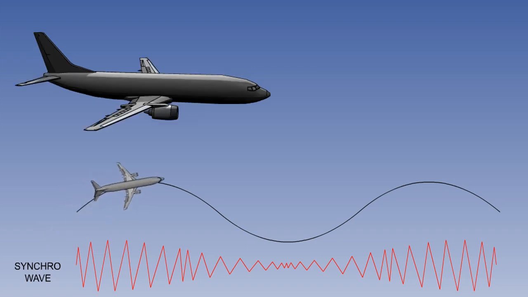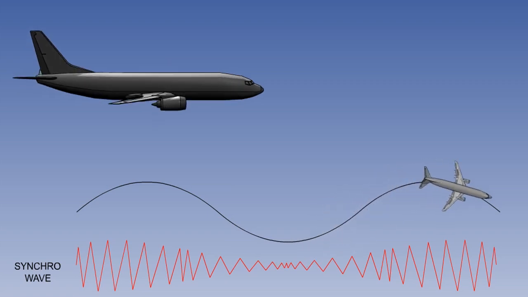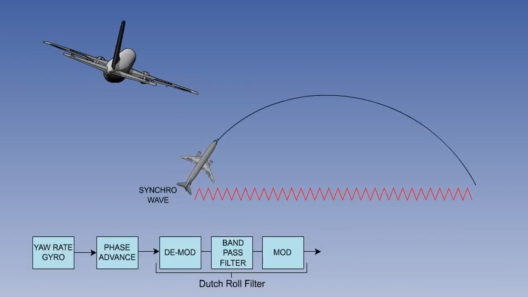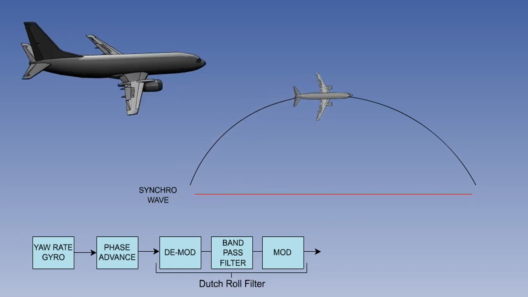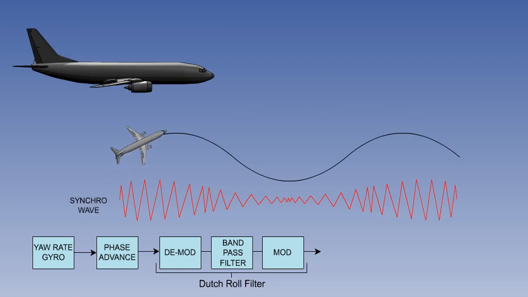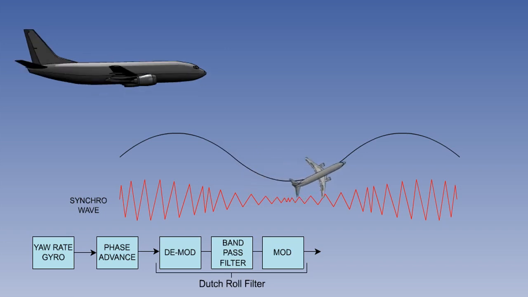Whereas the Dutch roll output, which is a very low frequency, is constantly changing as the aeroplane yaws and rolls about its planned flight path. So the Dutch roll filter is a narrow band pass filter that filters the signal produced by the yaw rate gyro and only allows those associated with Dutch roll to proceed through the system.